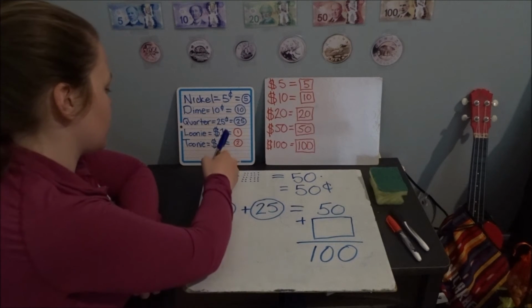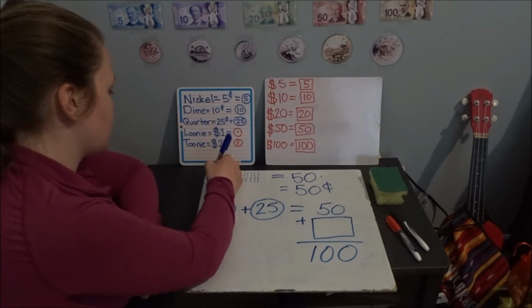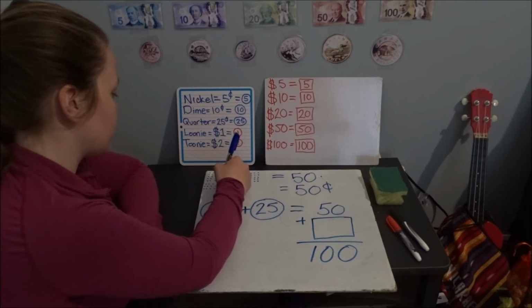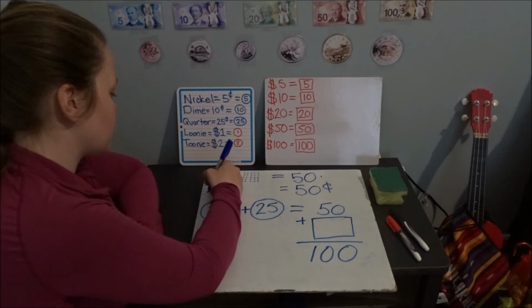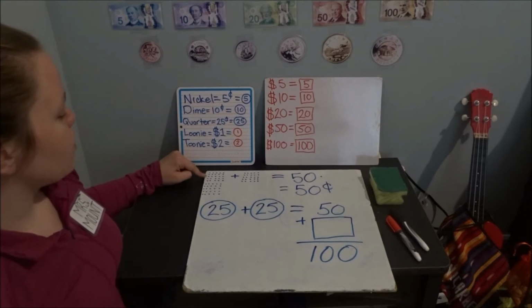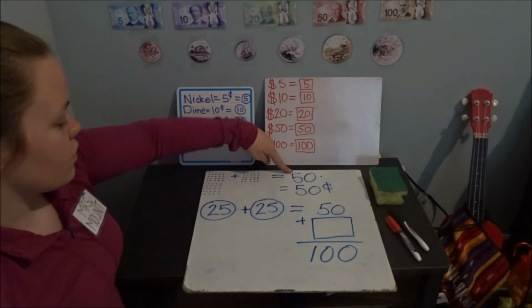We'll draw another 25. So 1, 2, 3, up to 25. Okay, so we know that there's 25 here and 25 here, and that equaled 50.